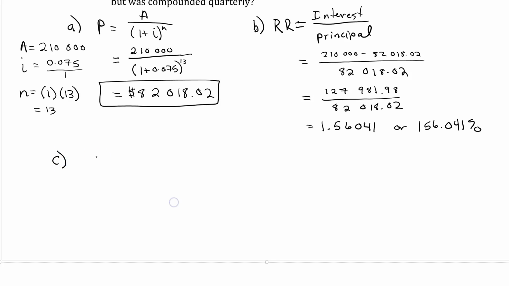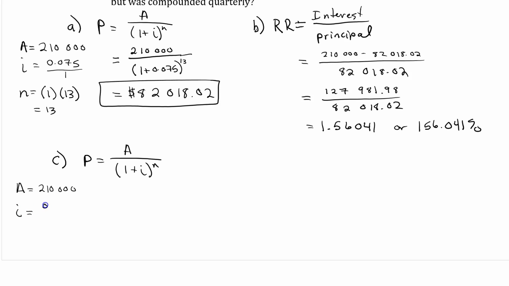So first things first, we need to figure out what her new present value is going to be. So we say present value is A over 1 plus i to the n. We know that our future value is going to be the same, but our interest rate per compounding period is going to be different.